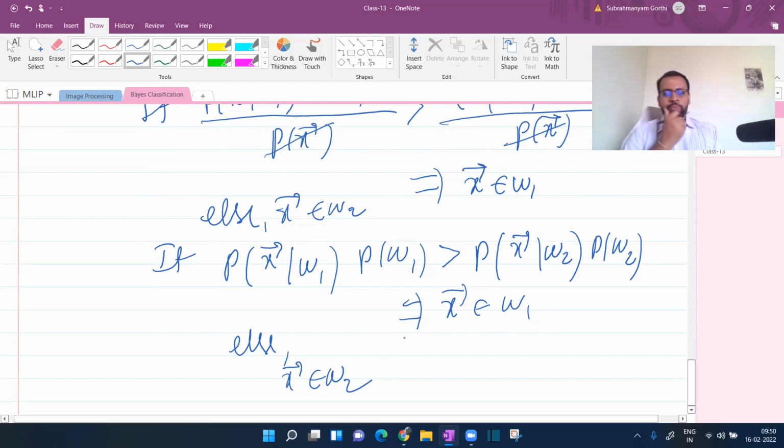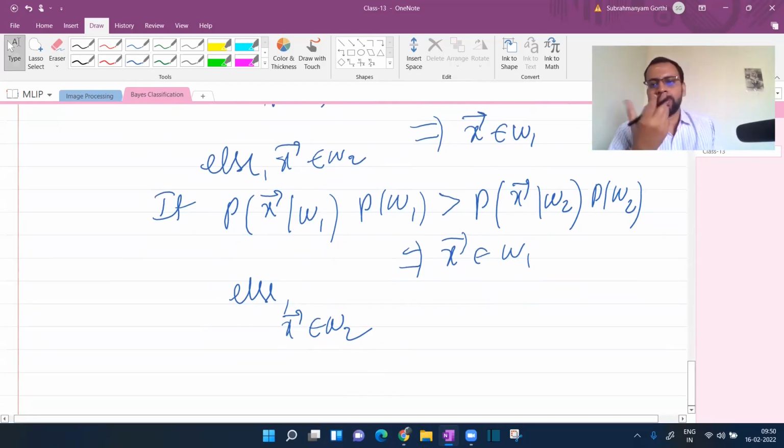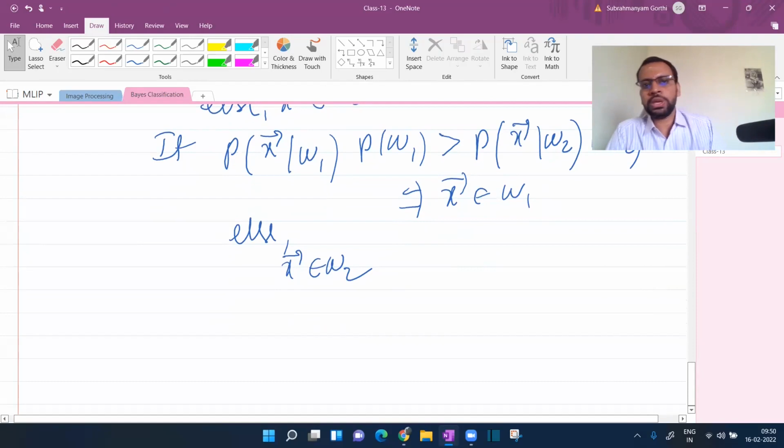Okay, now there could be quite a few instances where you do not really know prior probabilities of omega 1 and omega 2. If you know them, you will include them. If you don't, or if the way you get them is not a reliable or exact representation of your full sample, then maybe you would assume both of them to be equal.